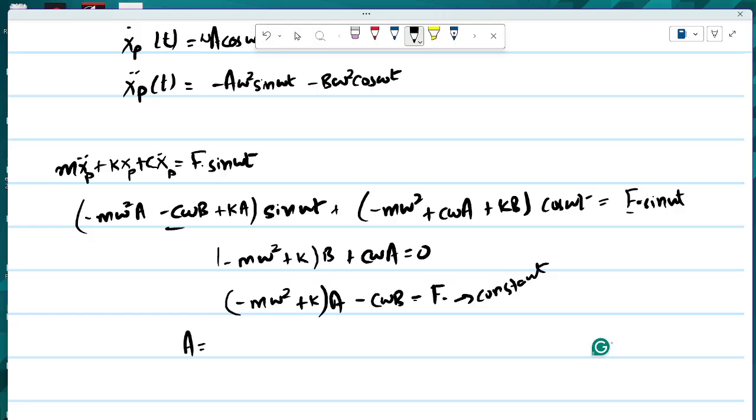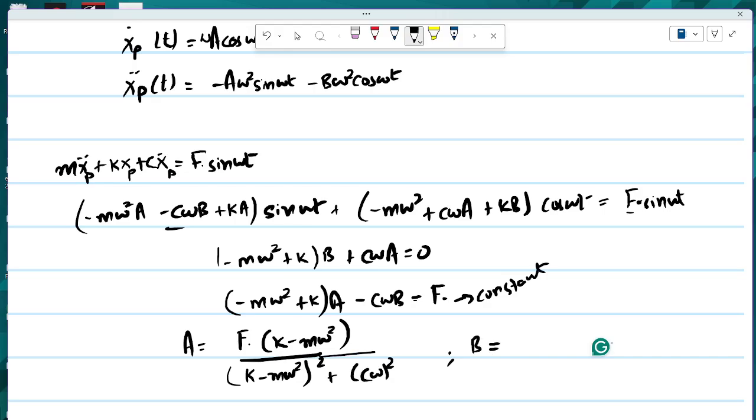You will have the value for a equals f naught (k minus m omega squared) divided by (k minus m omega squared) whole squared plus (c omega) squared, and b equals f naught c omega divided by (k minus m omega squared) squared plus (c omega) squared.